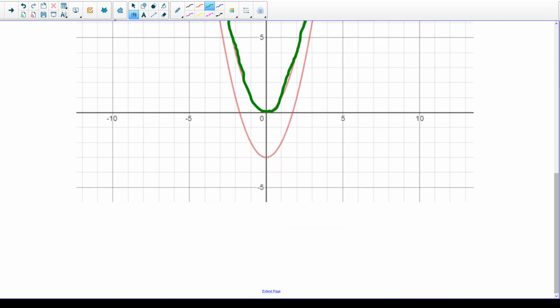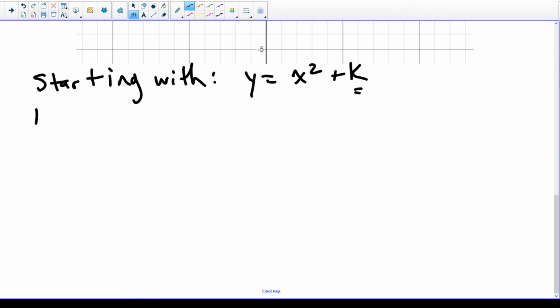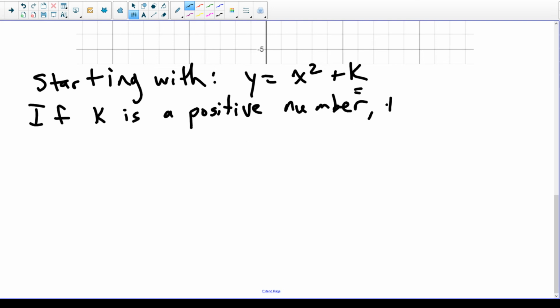Okay, so I'm going to write a little bit of a note here to explain all of that. So we're going to start with y is equal to x squared plus k. So all we're doing is focusing on that one transformation, all right? And what we've discovered is if k is a positive number, the parabola moves up.